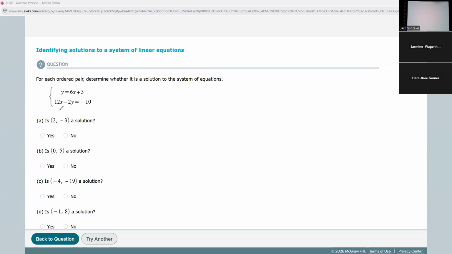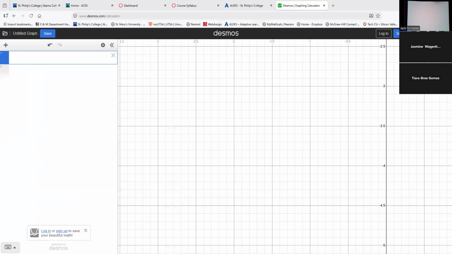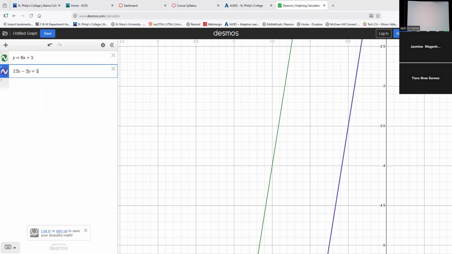Okay, so let me put the grapher back on. We're going to use our Desmos here to graph it. Let's keep it simple for now, and then I'll show you how to solve it algebraically in a minute, but let's just graph it and understand what is a solution to a system.